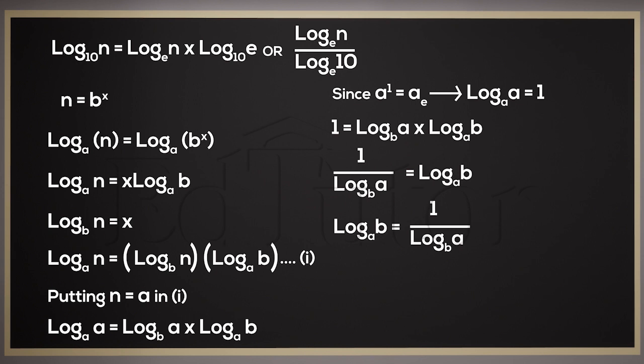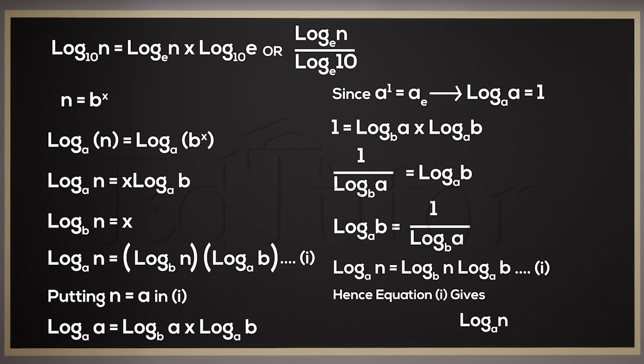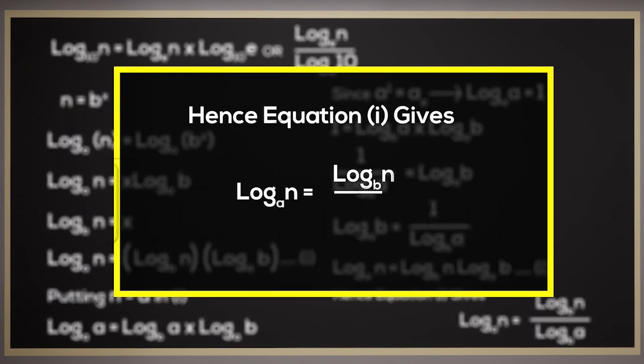This means that the log of b to the base a is equal to this. Substituting this value of log b in equation 1, we get the log of n upon the log of a, both having the same base b, hence proving our law.